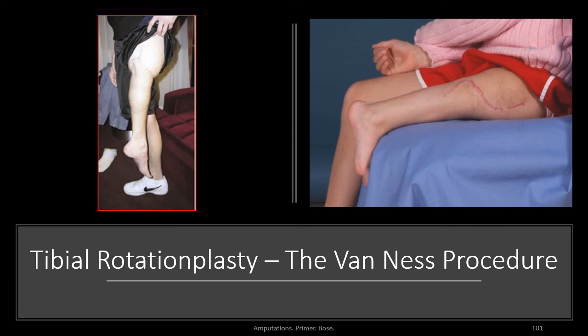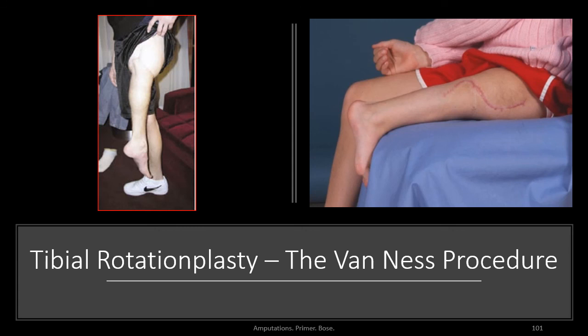The bottom of the femur, the knee, and the upper tibia are surgically excised. Then the lower leg is rotated 180 degrees, thereby the name Rotationplasty, and attached to the femur. The foot is now found at the end of the thigh, pointing backwards.